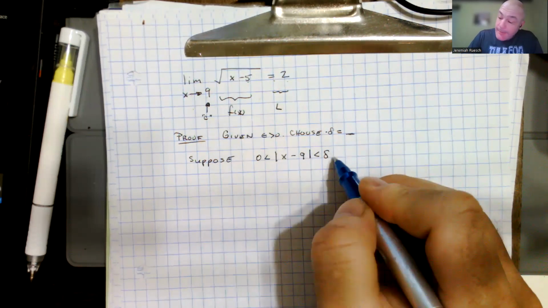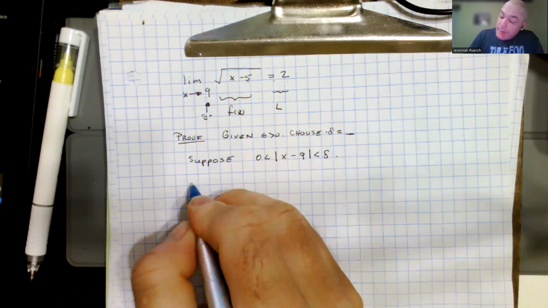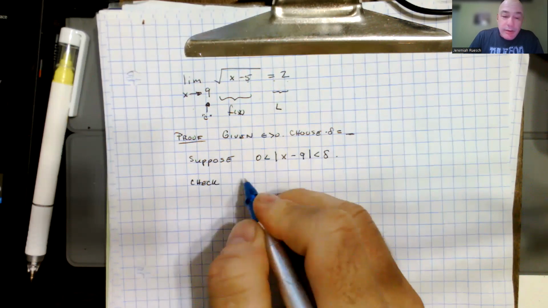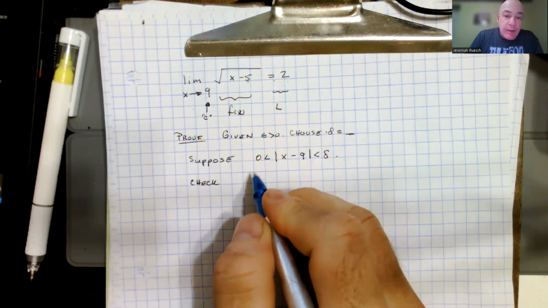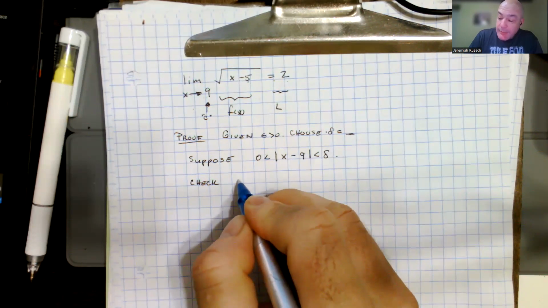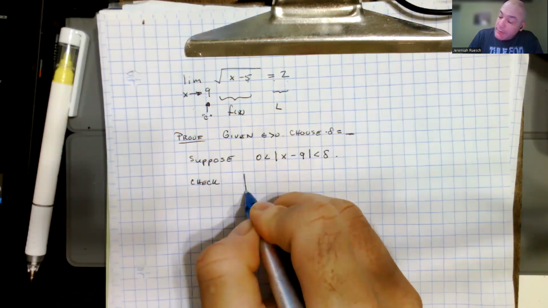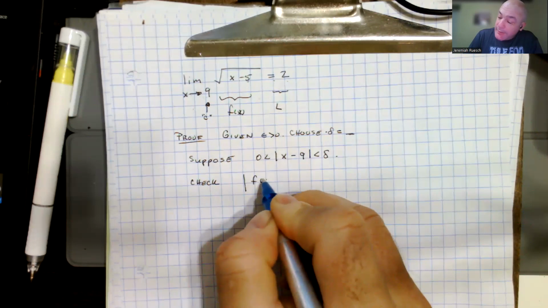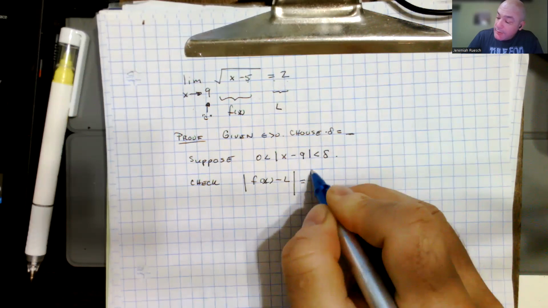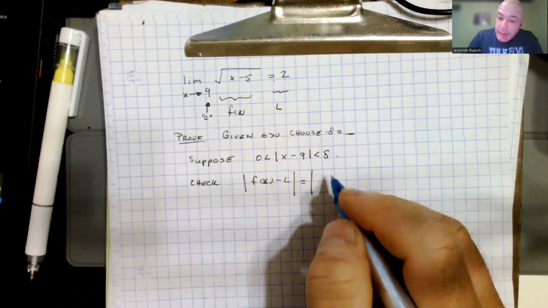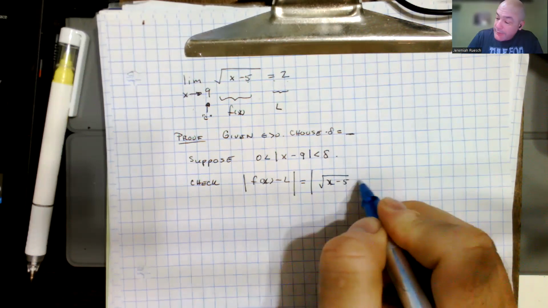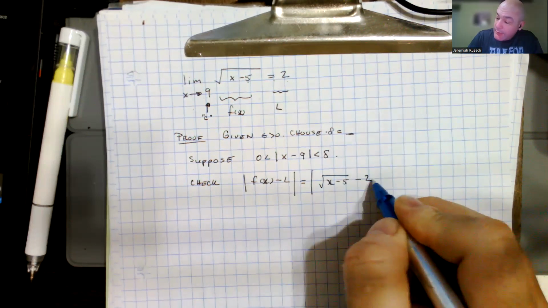Let's check to make sure that this value is accurate, or that it's possible with our f of x. So we're going to say the absolute value of f of x minus L, which is equal to, I'm just writing this so that we're clear on what it is, the square root of x minus 5 minus 2.